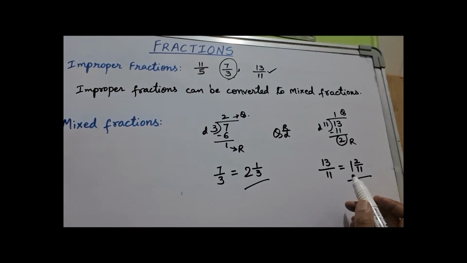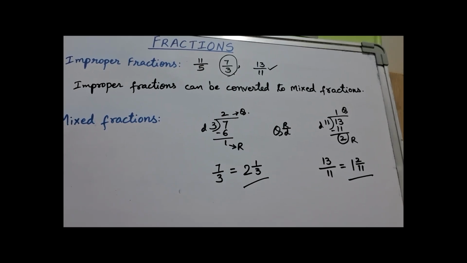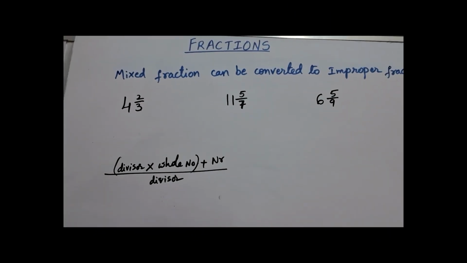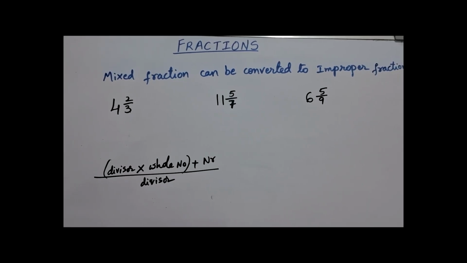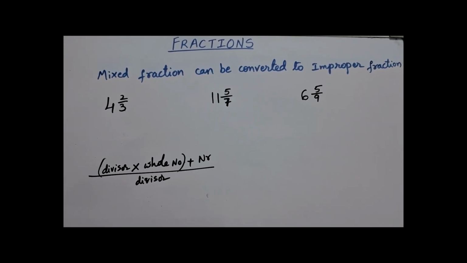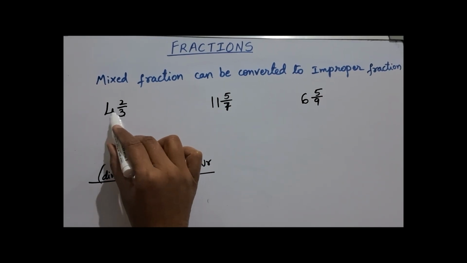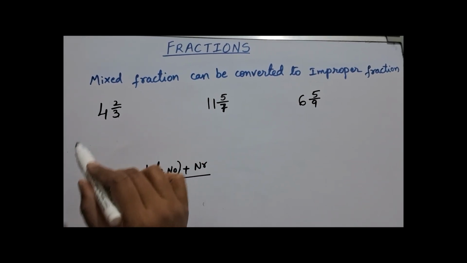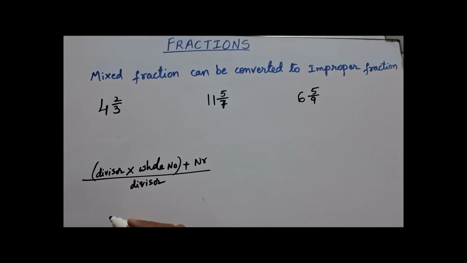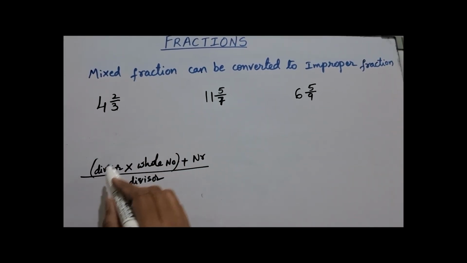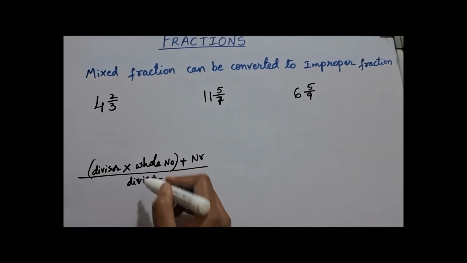Now, a mixed fraction can also be converted to an improper fraction. Let us see how. There is one formula, children, to convert a mixed fraction to an improper fraction. The divisor is multiplied with the whole number and then it is added to the numerator and then divided by the same divisor.